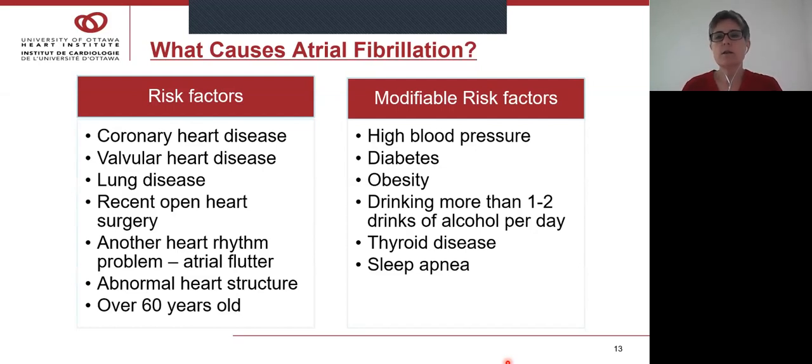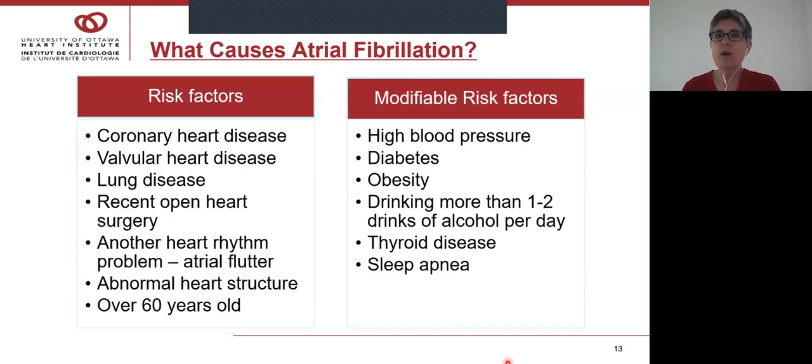So now I'll look at the modifiable risk factors, and these can be very important in the development of atrial fibrillation, and we know that the management of these risk factors can make a difference in the progression of atrial fibrillation from paroxysmal to persistent, decreasing the number of episodes and increasing the time between episodes.